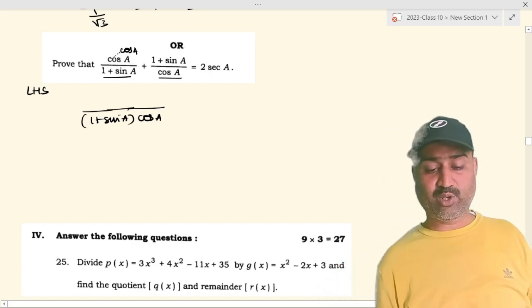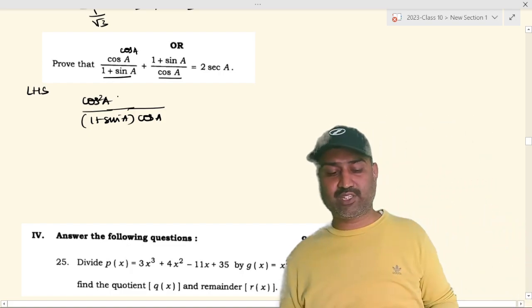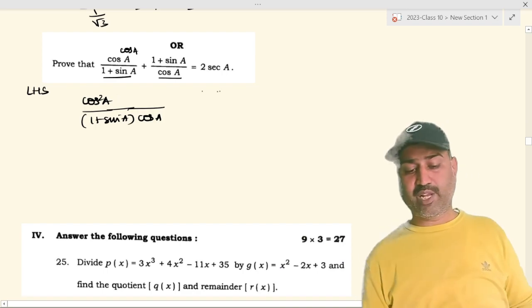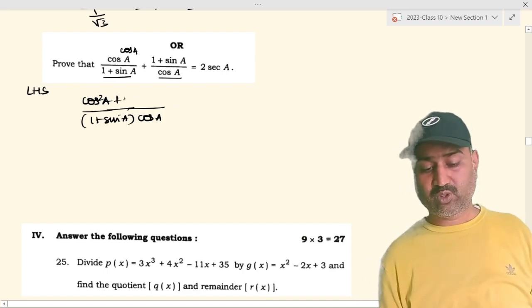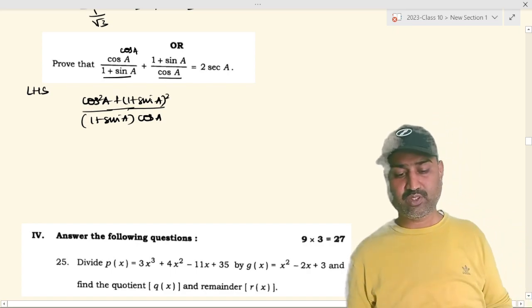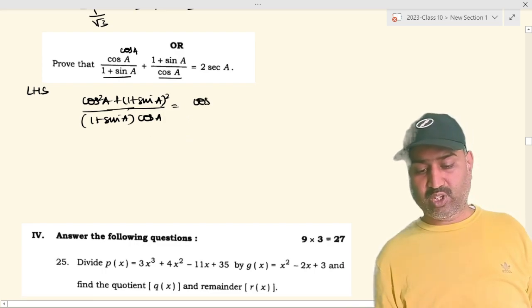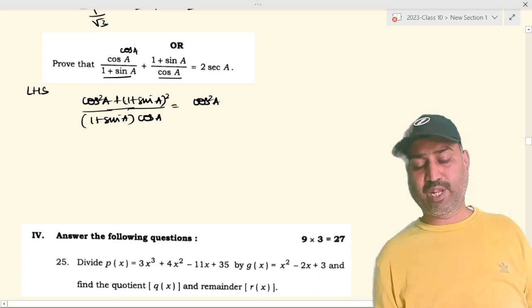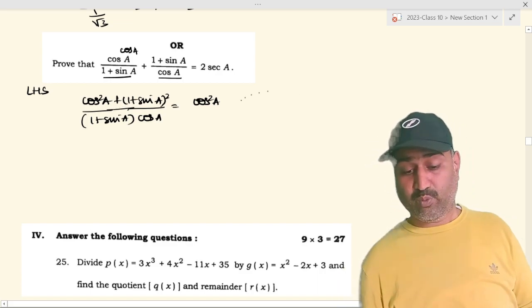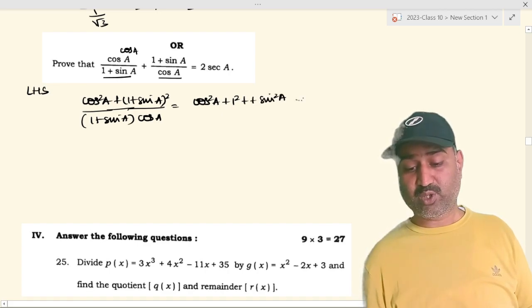Now I know cos A into cos A is what? Cos square A, right? And 1 plus sin A into 1 plus sin A is 1 plus sin A whole square, right? Now 1 plus sin A whole square is A square plus B square plus 2AB, right?